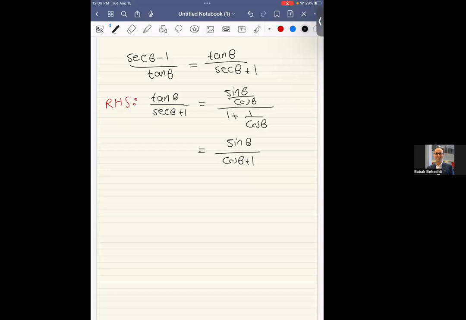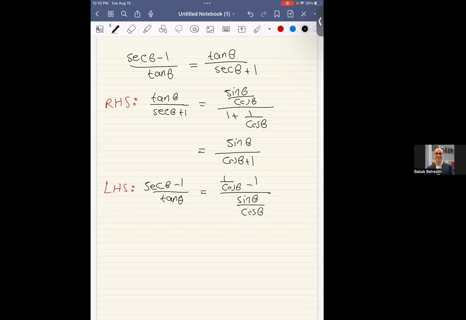Okay, now let's go to the left-hand side. Let's see what is left-hand side. The left-hand side is secant theta minus 1 divided by tangent theta, which is equal to 1 over cosine theta minus 1 divided by sine theta over cos theta.